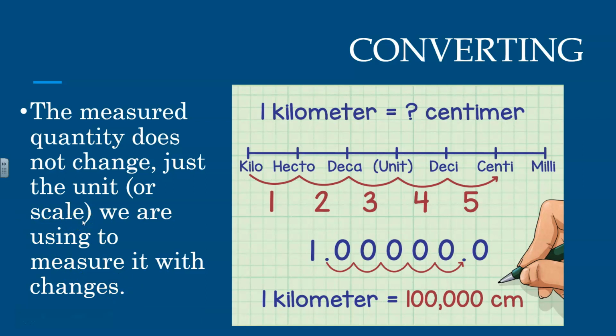Okay. So for example, 24 inches is 2 feet. It's still the same measurement, right? It's just a different scale, either inches or feet. Same thing here. Still the same measurement, but the scale is different. Kilometers, centimeters.